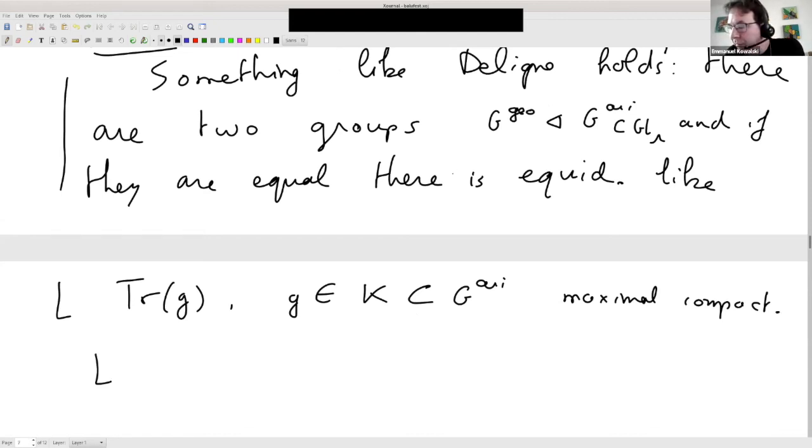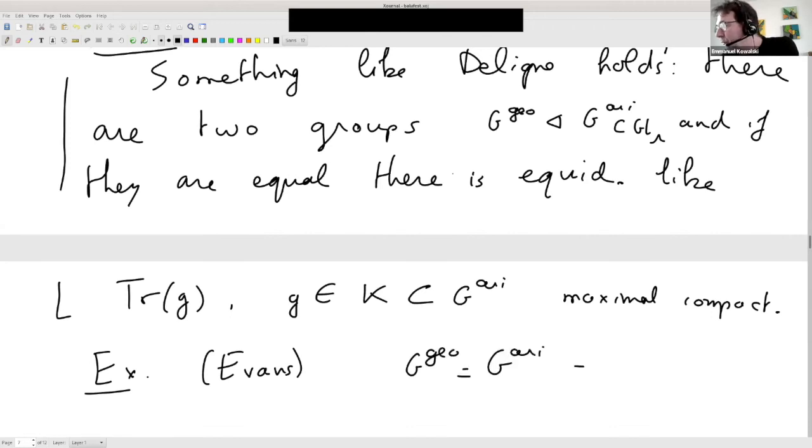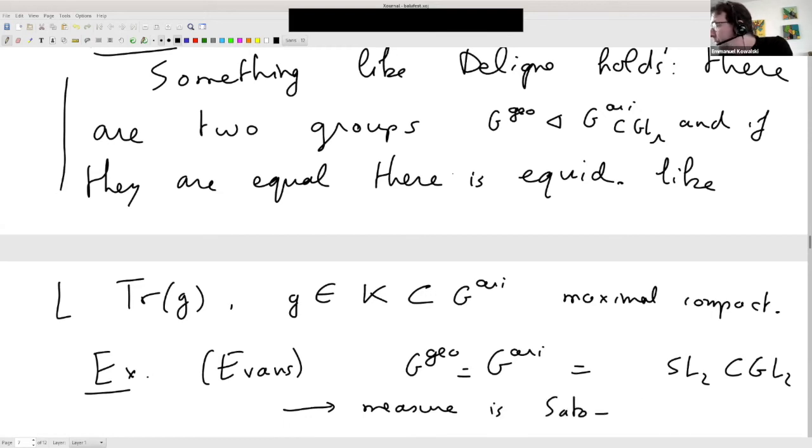And in the Evans sum case, Katz showed that the two groups are the same and are equal to SL2 contained in GL2. And so the maximal compact subgroup is SU2. So the measure is the same as for Kloosterman sums.